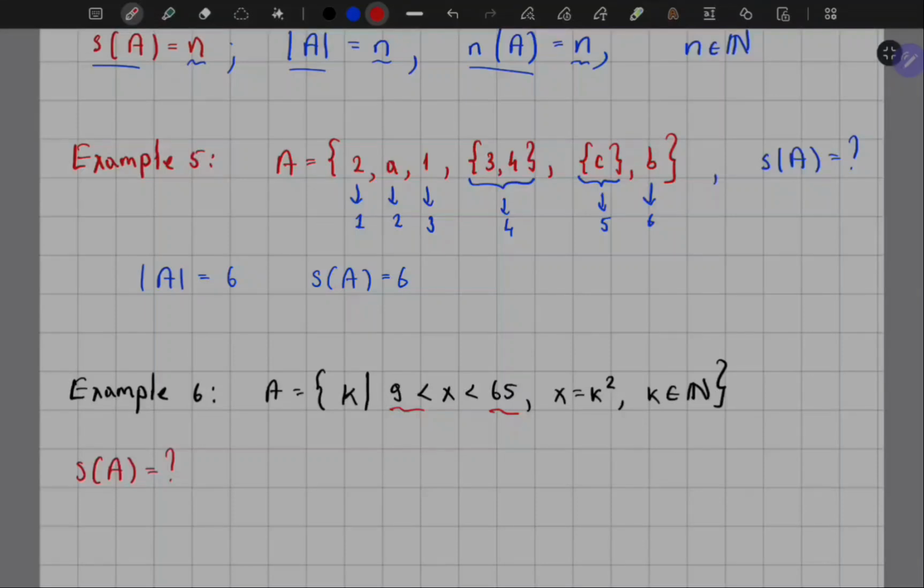The perfect squares between 9 and 65 are 16, 25, 36, 49, and 64. So we have 1, 2, 3, 4, 5 elements. Hence, we can conclude that s(A) equals 5.